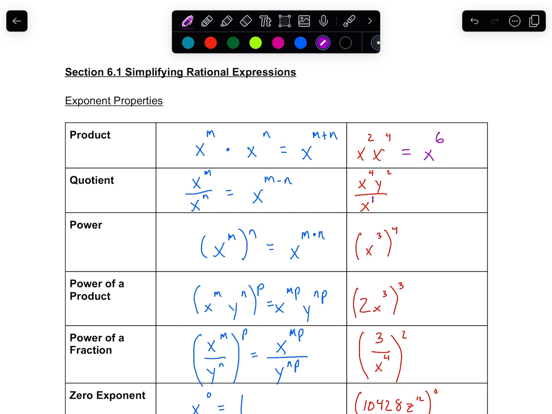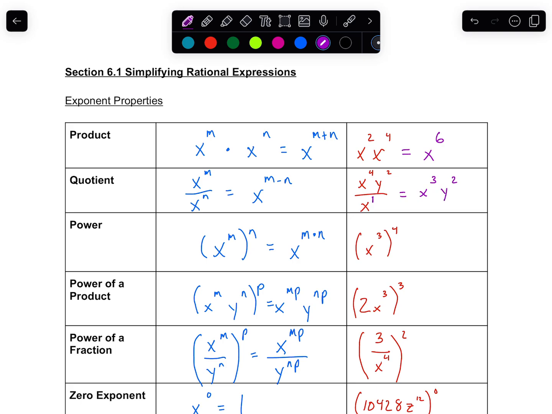Now, I've got two different terms up top that I'm multiplying together. Because they do not have the same base, these two terms don't really interact. All that's going to interact is this term with base x and this term with base x. Because I have x to the first down here, I'm going to take 4 minus 1, and that x is going to stay up top and become x to the third times y squared.